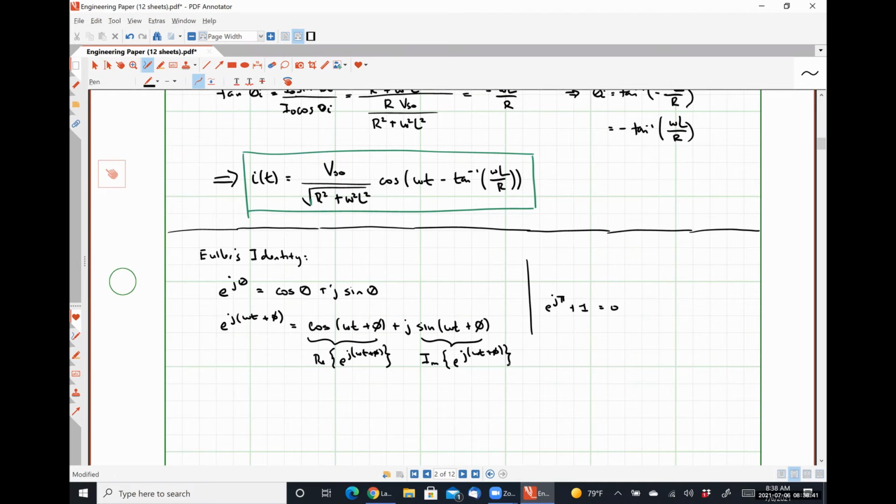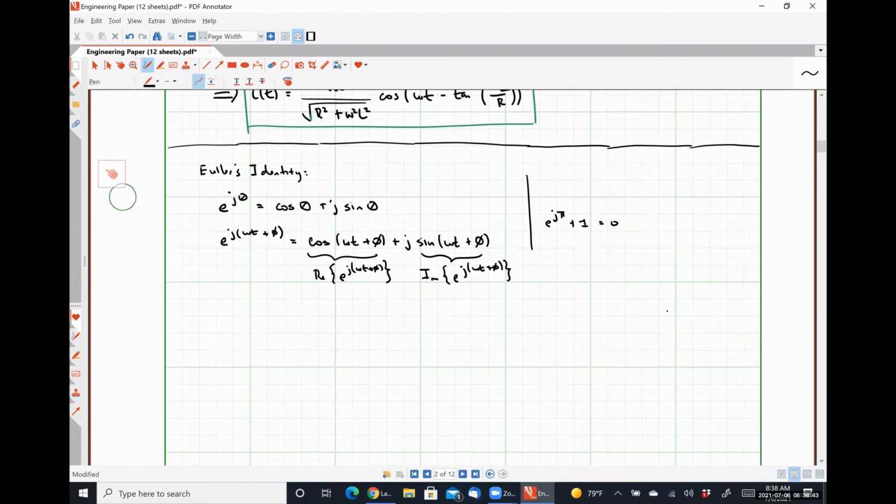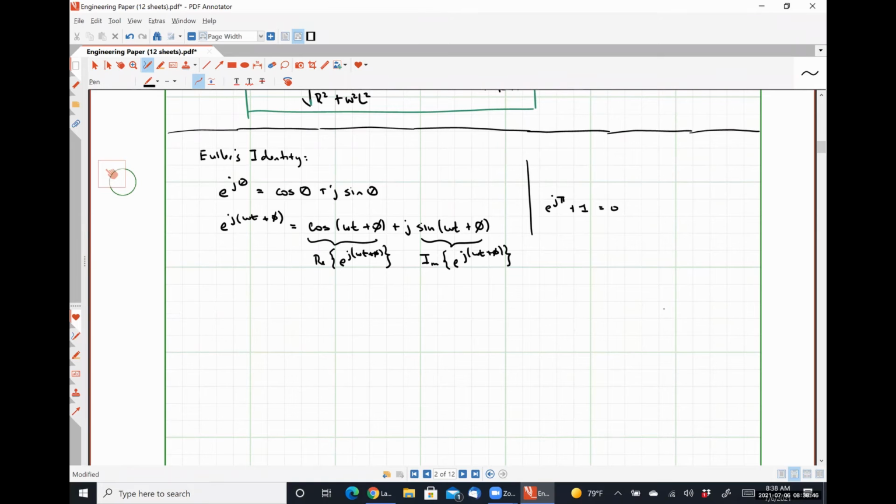So we could then argue that Vs naught cosine omega t is simply the real part of Vs naught e to the j omega t.